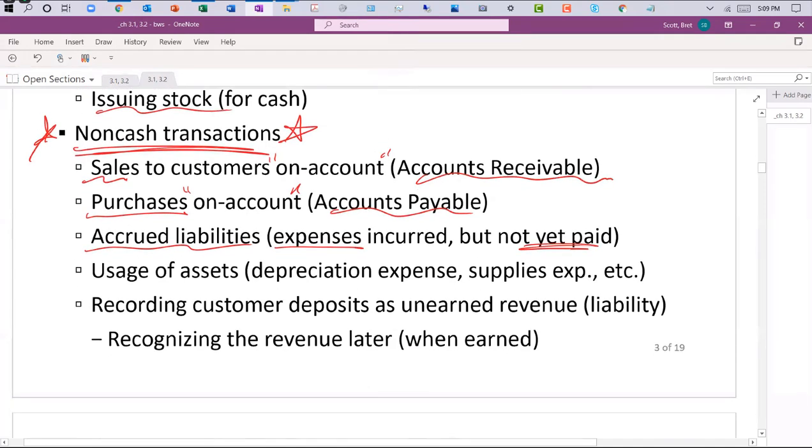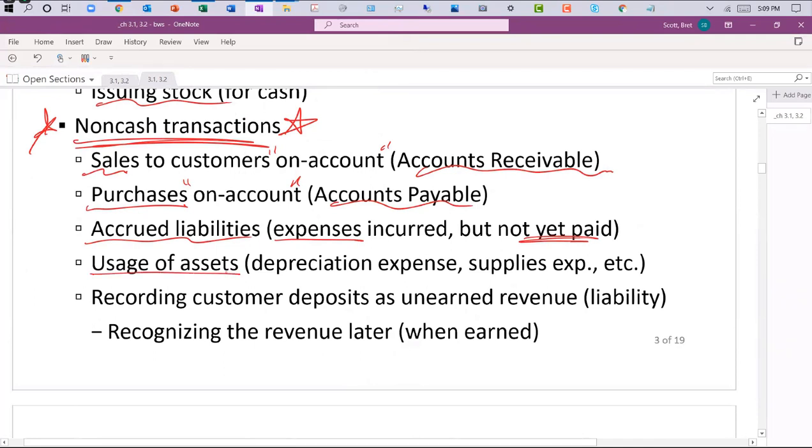Usage of assets, and we'll talk more about this, especially when we talk about fixed assets. Depreciation, the acknowledgement that the value of our equipment, like our computer or our vehicle, decreases in value over time because of use. We will record an expense for that, even though we know we're not paying out cash as the expense is being incurred because, hey, if we bought the computer, we already paid cash.